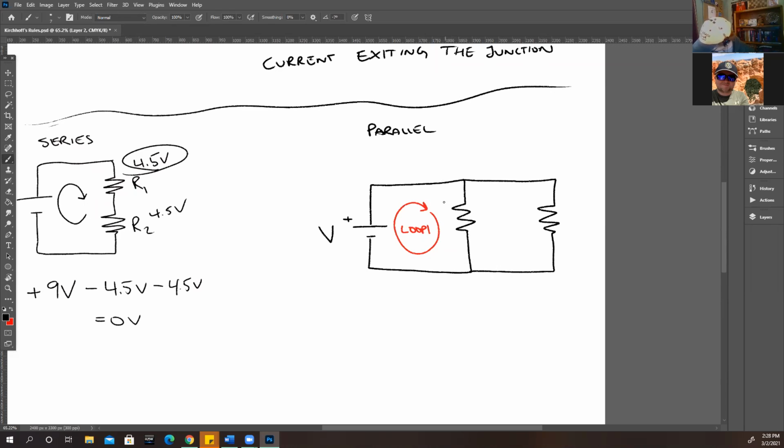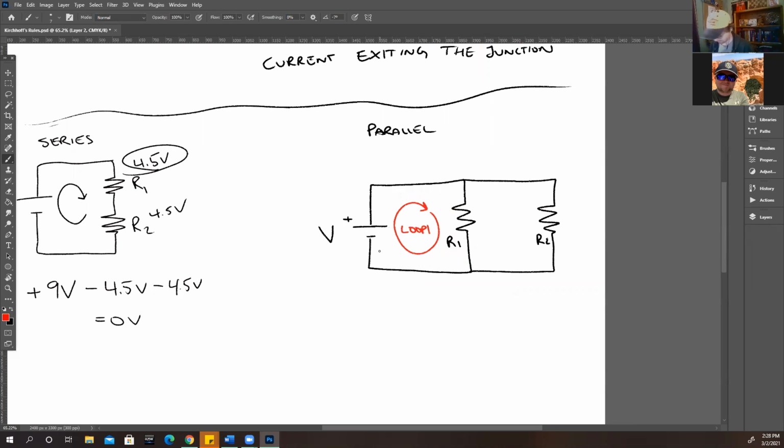Loop 1 is containing R1. Let me just label this one out here too. That's R2 over here. So in loop 1, there is the battery, and there is one resistor. Following along, it's going through that, and around like that.